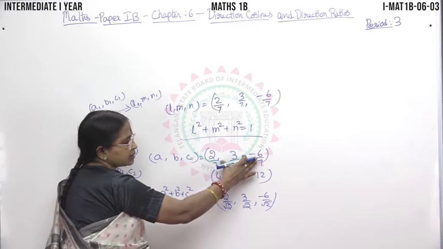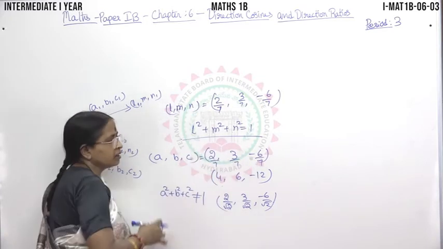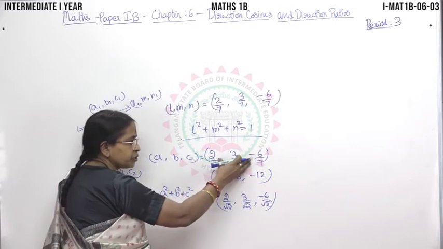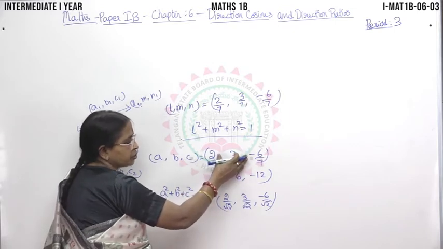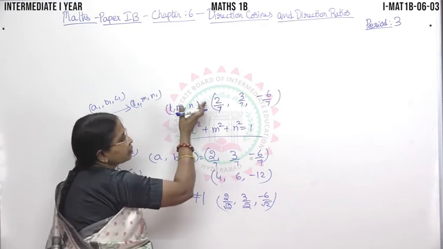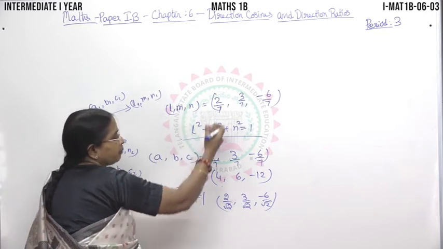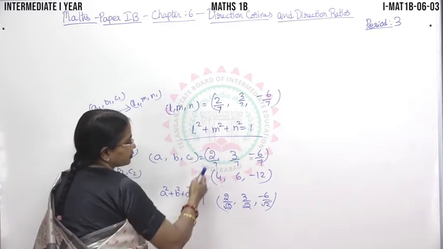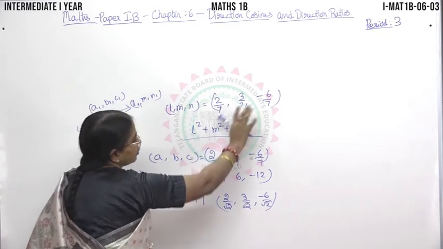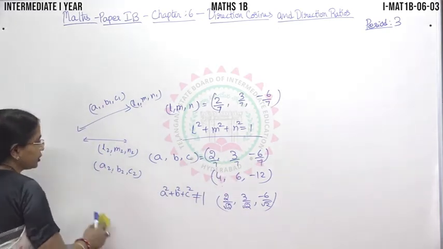But here these three satisfy this condition, so they become the direction cosines. So direction ratios cannot always become direction cosines, but direction cosines are always direction ratios because they are just ratios. You can cancel the denominator and write it in the form of a ratio. That is one set of direction ratios.